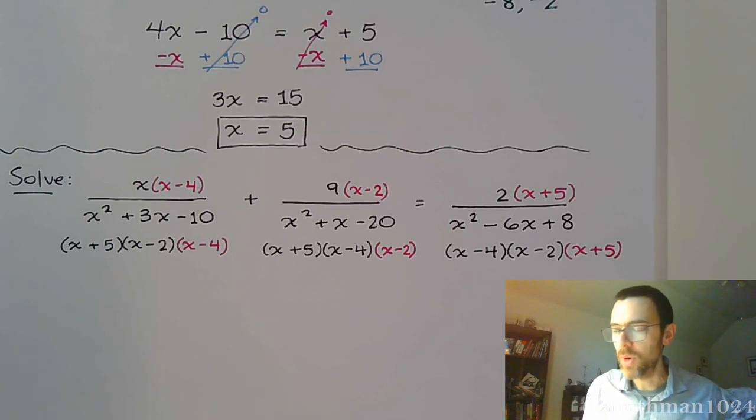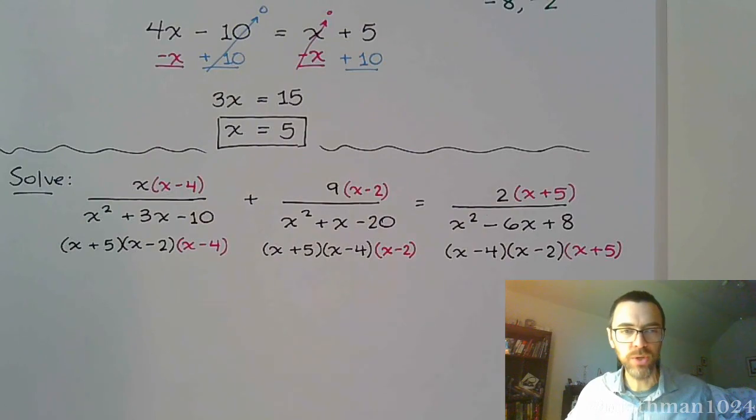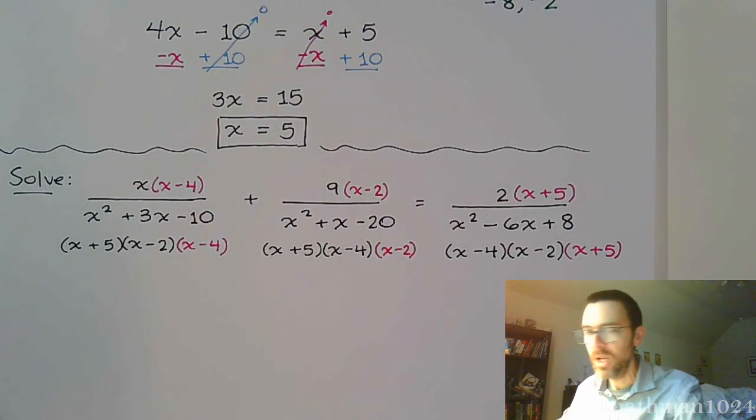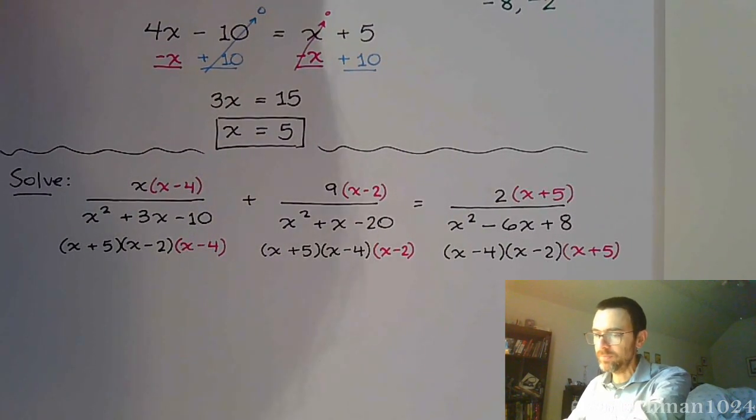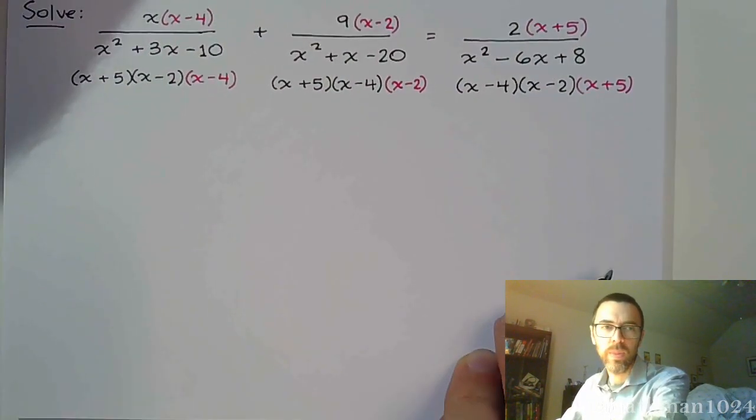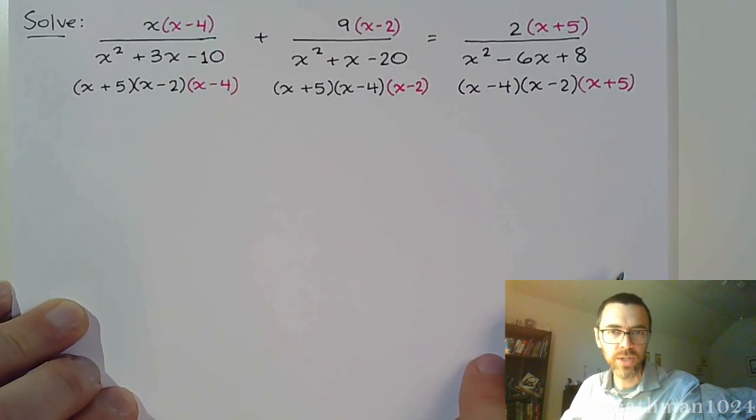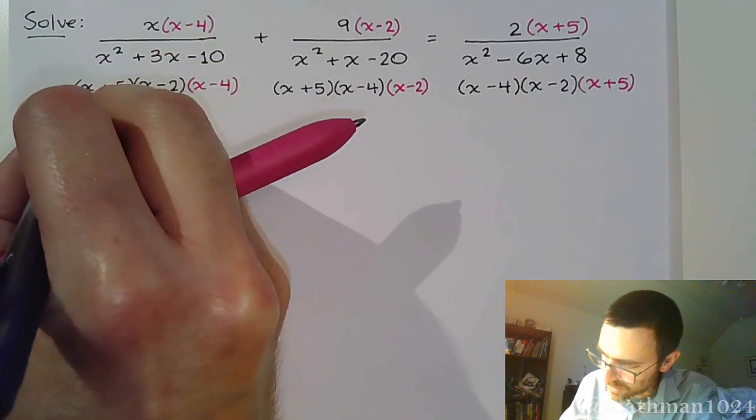Okay? And so now that every fraction has the same set of factors, we all have that common denominator, we can now rewrite our equation based just on those numerators. So that's what we're going to do. We're just going to copy everything down just as we see it. Don't distribute yet.